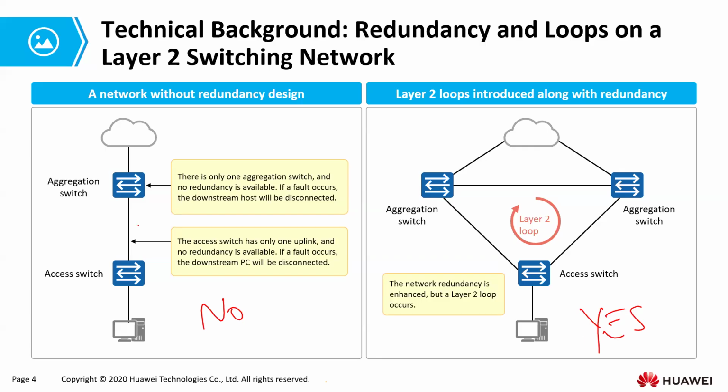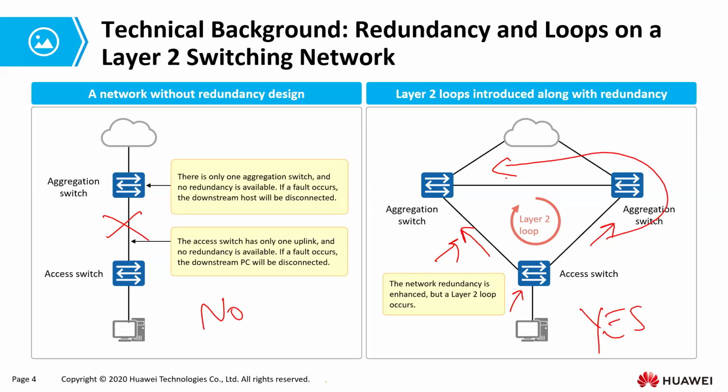So if this link fails, like I was trying to explain, then we no longer have connectivity between our two switches, the aggregation and the access switch. But with this one, we have redundancy because from the access switch, you can go here and reach the aggregation, or you can go here and get to your aggregation switch. So we have what we call redundancy.